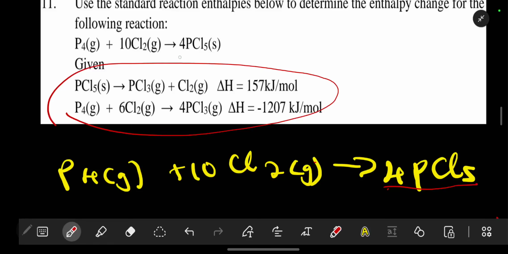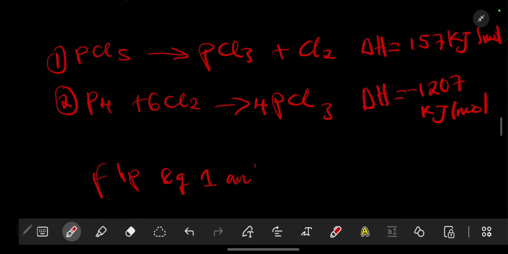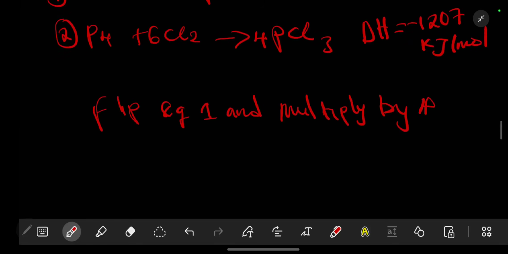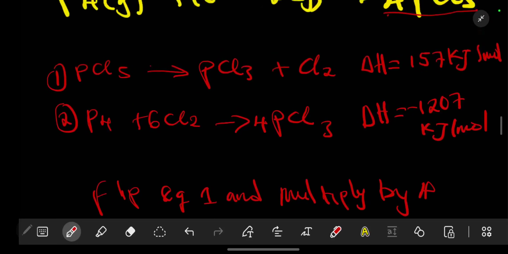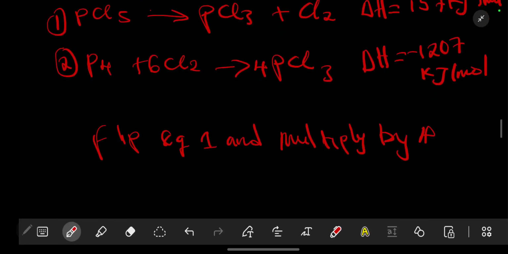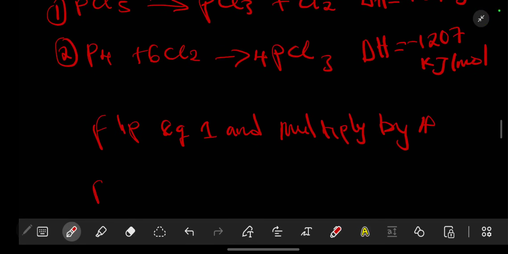Look, is there any number on PCl5? There is 4. So you are going to flip and multiply by 4. To save time, I can just say multiply by 4. So this equation will begin with PCl3 plus Cl2 to produce our PCl5.